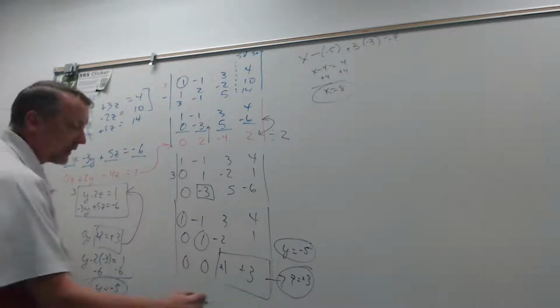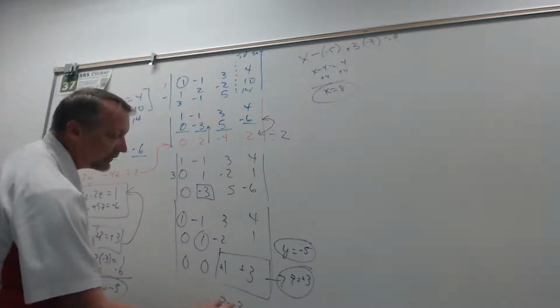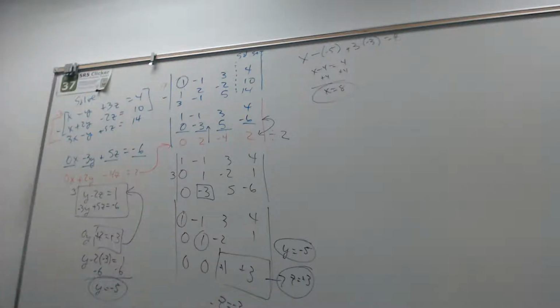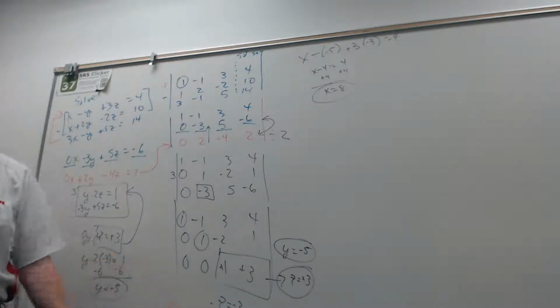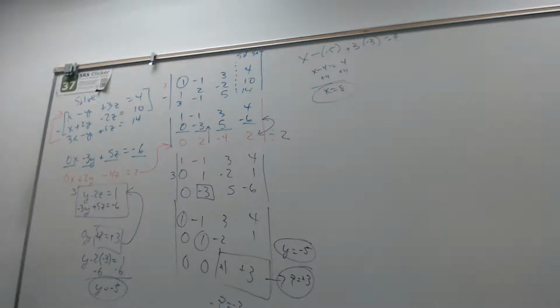I'm asking for the matrix rule. You said it has to be ones on the diagonal. Can it be a -1 ever? Yeah, but then you can change it to a positive one really easily. So why do you want it to be positive? It can't be negative, it has to be a positive one. So if it is a -1, you have to change it, is what he's saying. Gotcha, thank you.